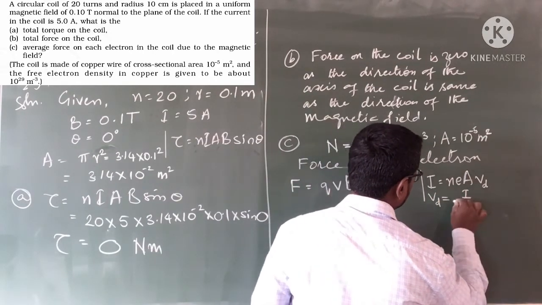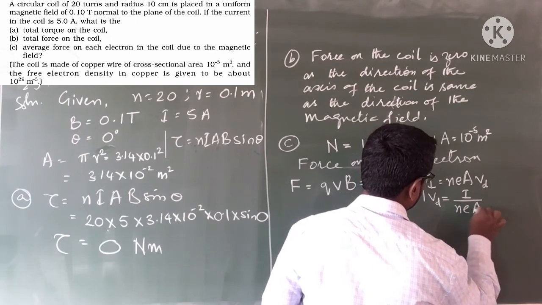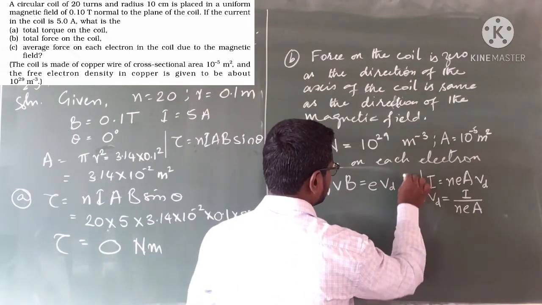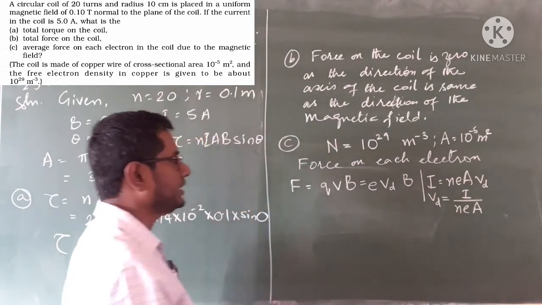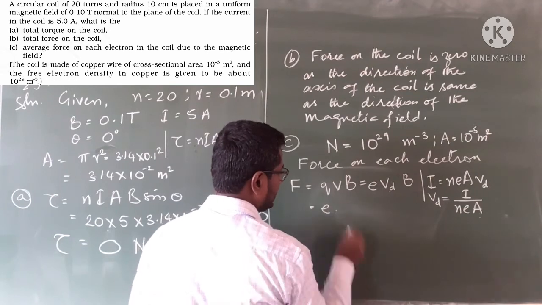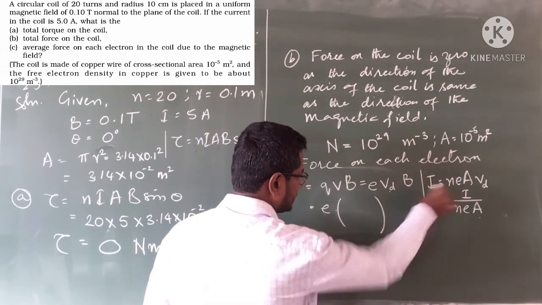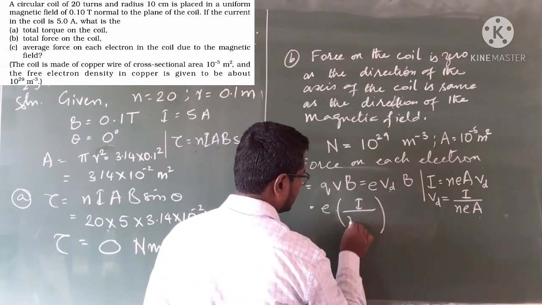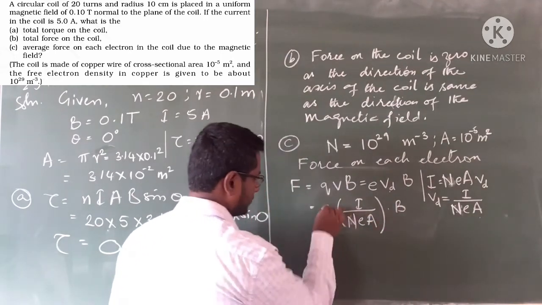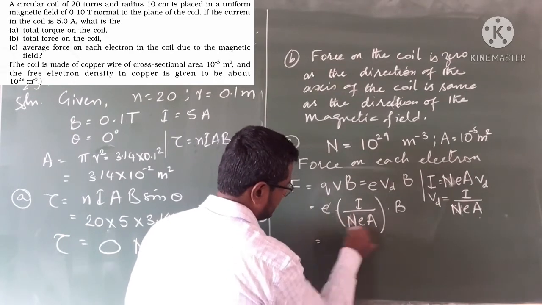It is going to be I divided by N, e and A. Rearranging this equation, v is going to be v_d and there is a B, that is the magnetic field. And replace this v_d term with this one. So it is going to be e into I divided by N e A, and then there is a B. Before substitution, this e and e can be cancelled.